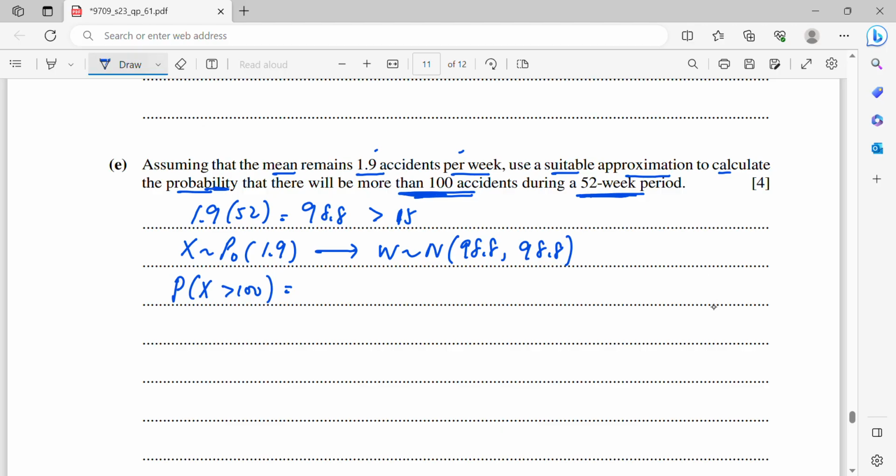Now remember, your X is Poisson distributed. That means this is discrete. Okay, now we have approximated to normal.